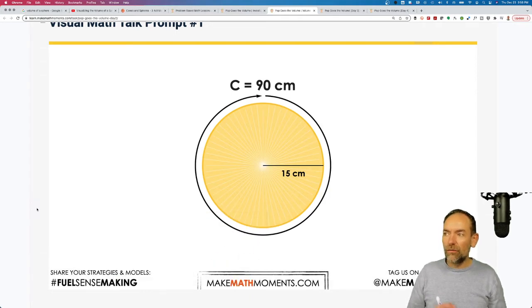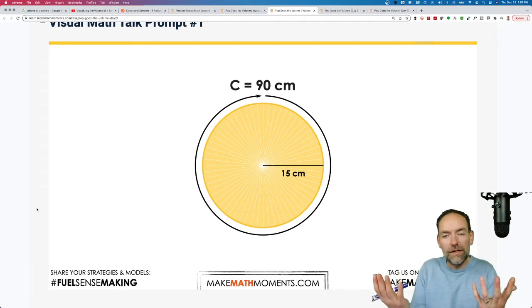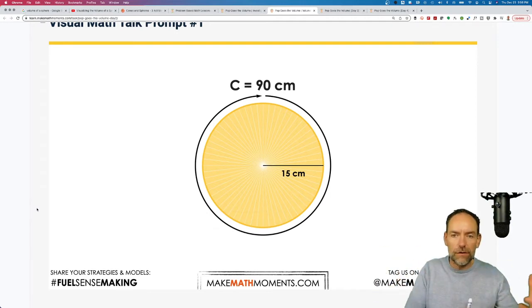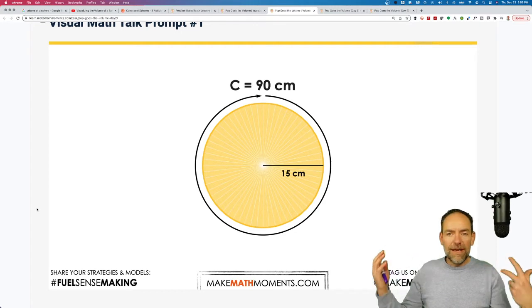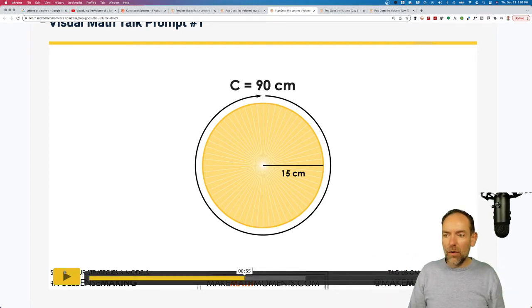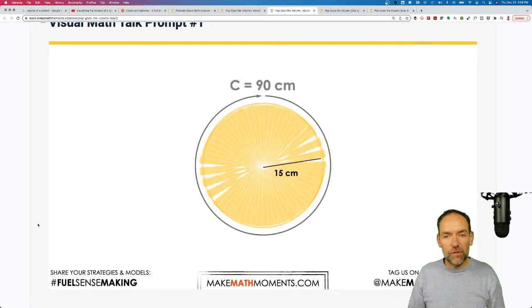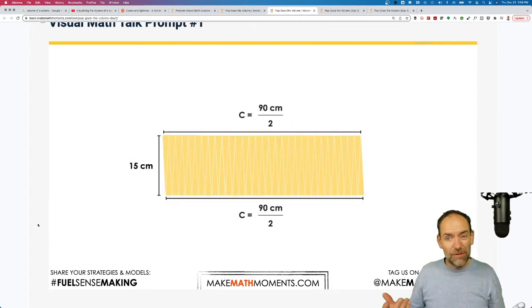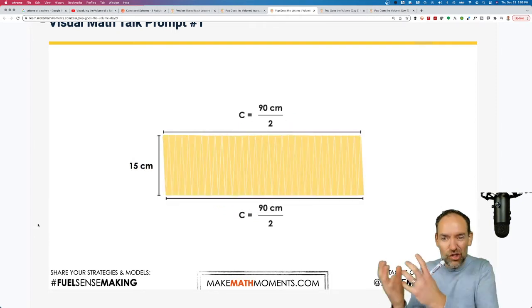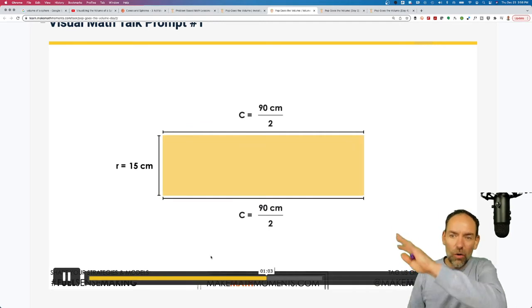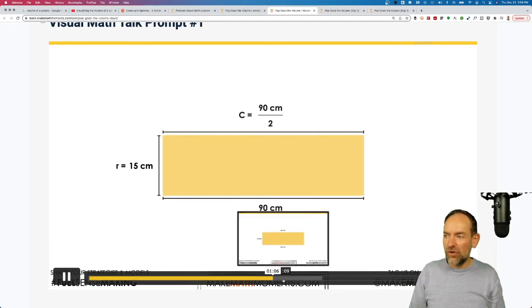Again, here we try to really make this visual. So if a student in your class wasn't there for your circles unit, or maybe they just need a little bit more time, or more experience with it, or need to see it again to be reminded, we can show them this model happening. And this is all built into this visual number talk.